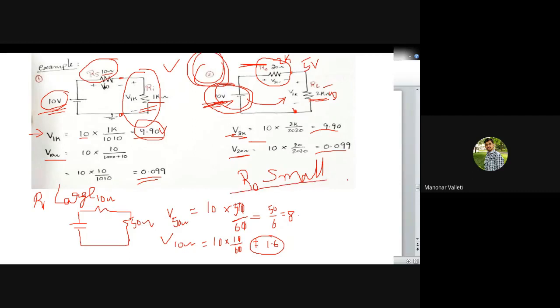Because of this, we get some advantages, so we always try to design circuits following this. Any circuit will have input resistance and output resistance. We try to design the circuit with large input resistance and small output resistance.